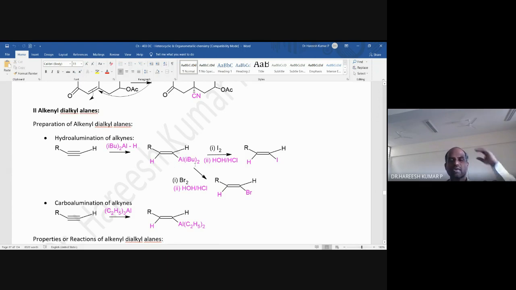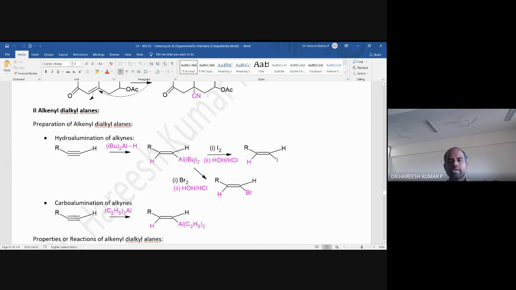When the obtained alkynyl dialkyl alane is treated with iodine, iodine will replace the aluminum group and form a bond here. So an iodoalkene is obtained via the alkynyl dialkyl alane.